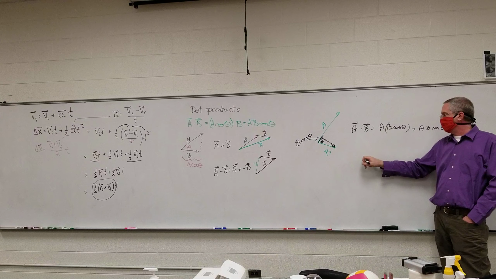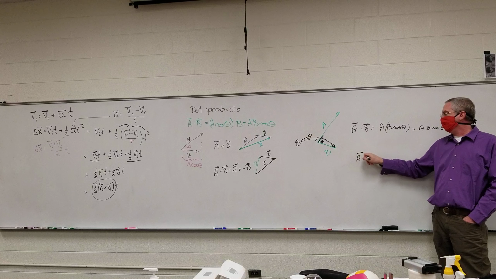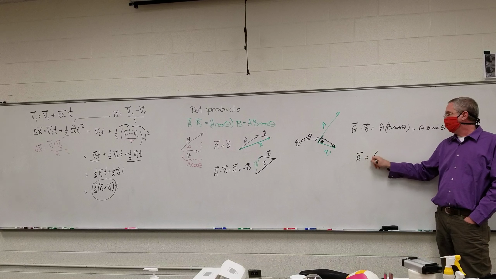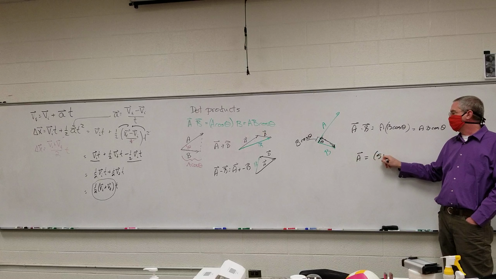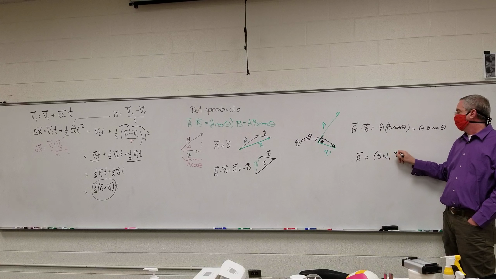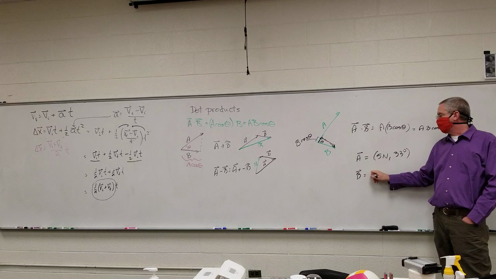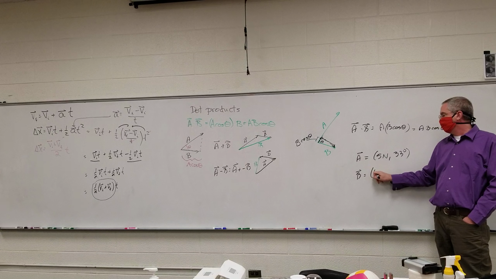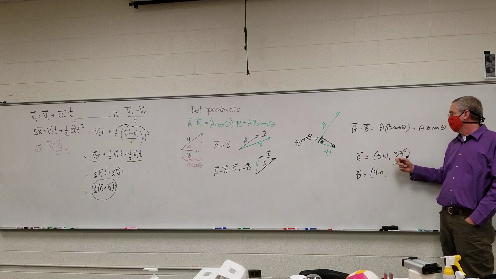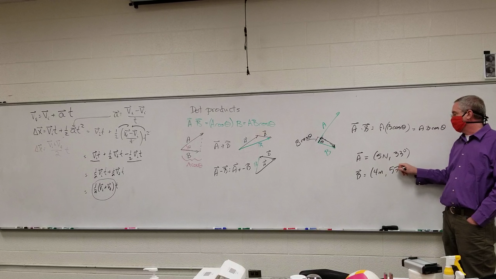So let's actually stick some numbers in here. I have some vector A, which is 5 newtons at 33 degrees, and some vector B, which is 4 meters at 57 degrees.